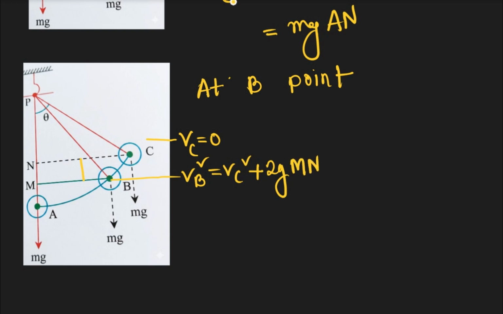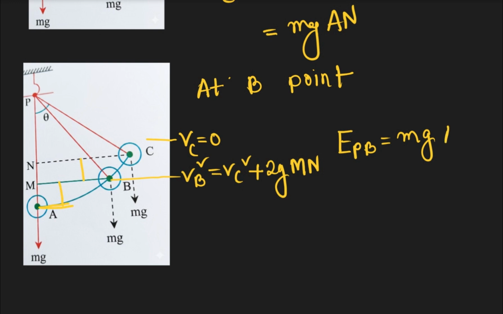Now it's time to write down the potential energy at point B. So EPB equals mg, and the height is how much? The height is this much from the bottom, so it will be AM.